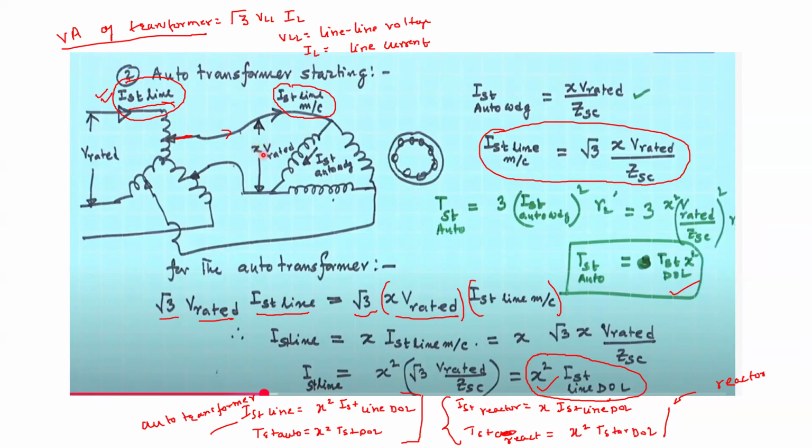If your tapping is at x percentage, then the starting current drawn by the auto transformer is x square times the starting current drawn by the direct online starting method. So the line current drawn here by the auto transformer will be x square times the starting current if you do not use any starting method.